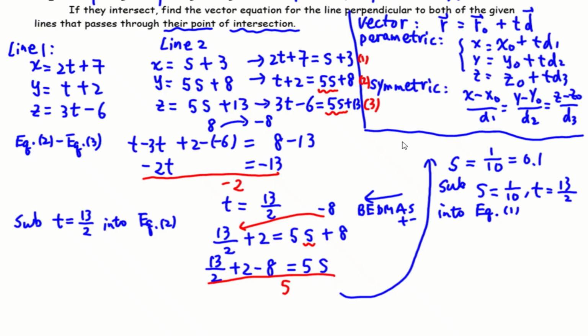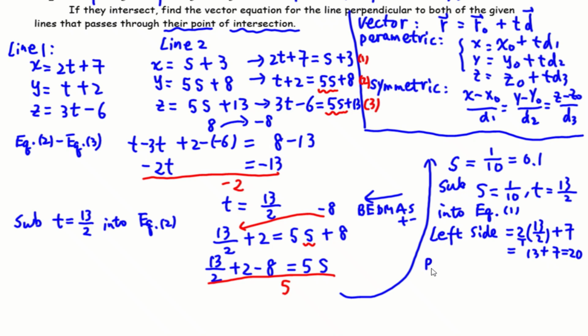It should satisfy equation 2 and equation 3 because we solved for s and t from these two equations, but we need to make sure the left side of equation 1 equals the right side of equation 1. So this is 2 over 1, then times it, 13 plus 7 is 20.